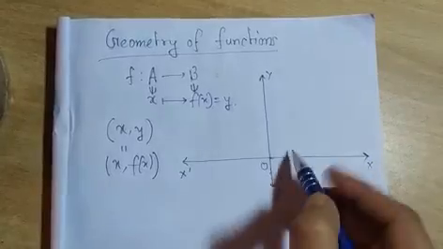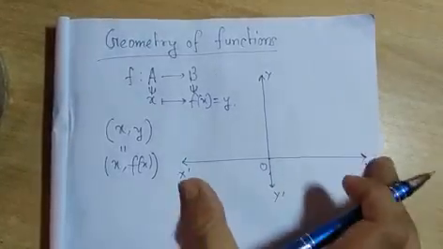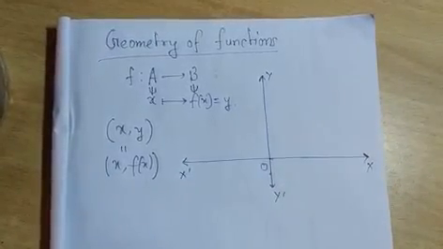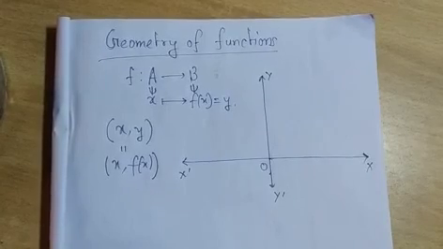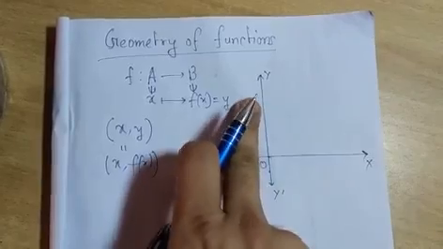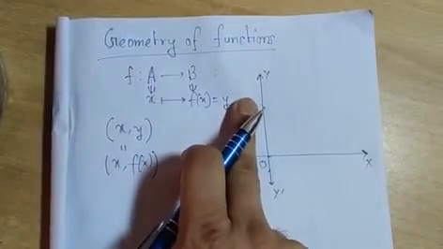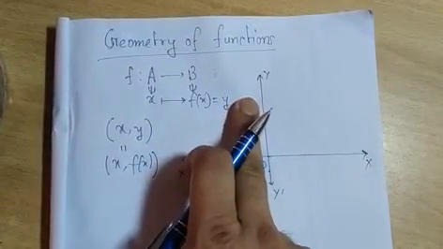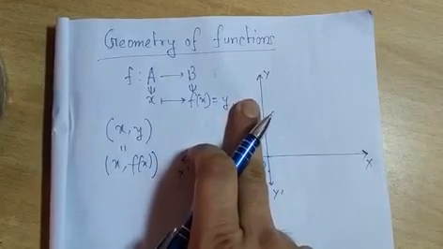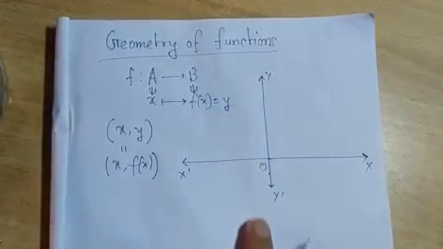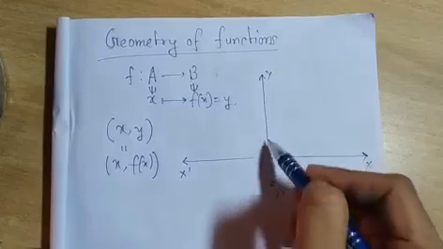That means it will be a part of this real line or the x-axis, and the codomain usually becomes the whole set of real numbers. That means here the codomain will be the whole y-axis and we will be caring about its range. So the range will be some subset of the codomain, that means some subpart of this y-axis.